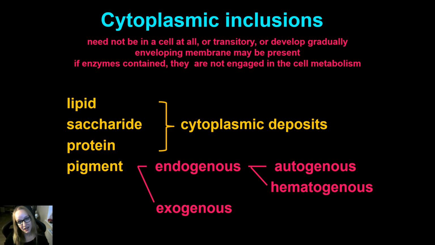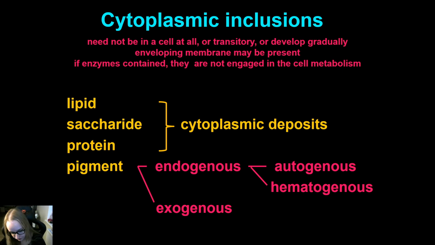There may or may not be a membrane around them; some inclusions have a membrane, some do not. Normally they don't contain enzymes, and if they do, the enzymes are not engaged in cell metabolism. It's just enzymes for excretion or something.